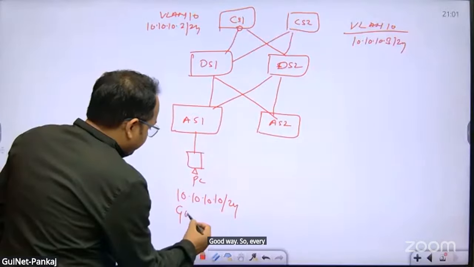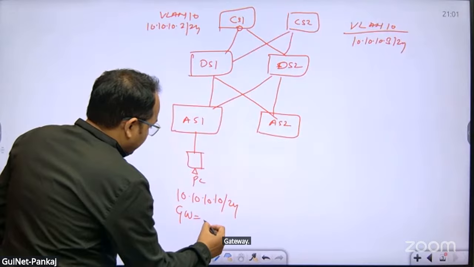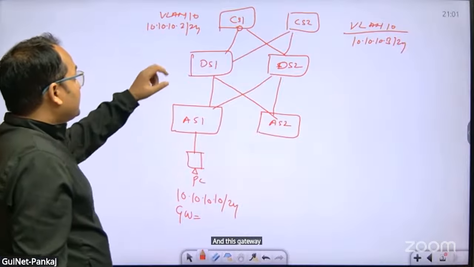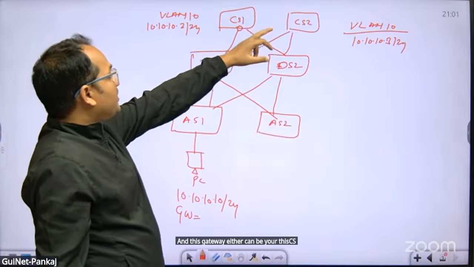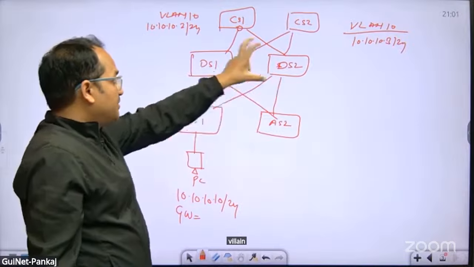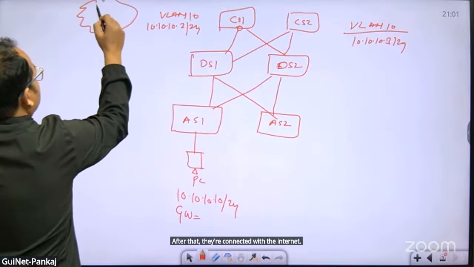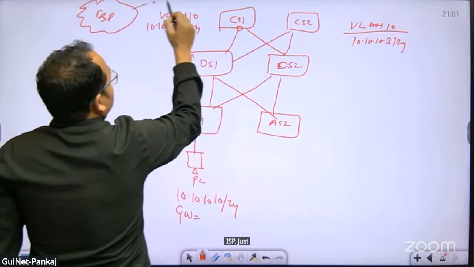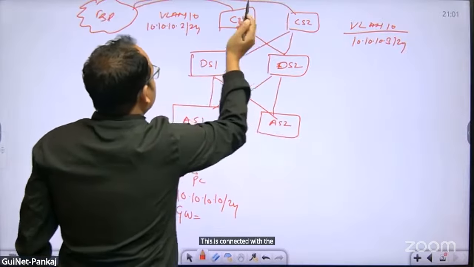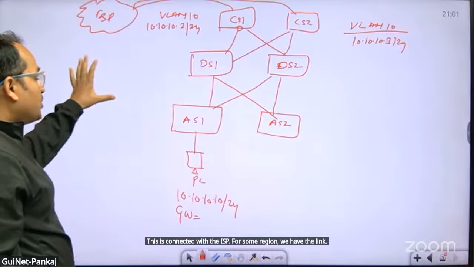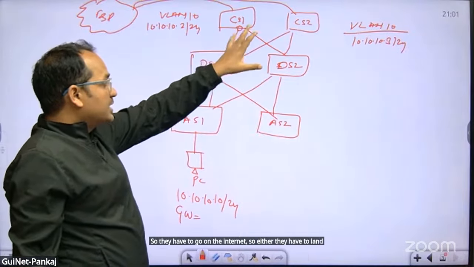So every PC needs the gateway address, and this gateway can be either this CS or that CS VLAN IP address, because it's part of the VLAN, and then after that they are connected with the internet ISP. Just think about that. For some reason we have the link, so they have to go on the internet. So either they have to land on this gateway or this gateway.